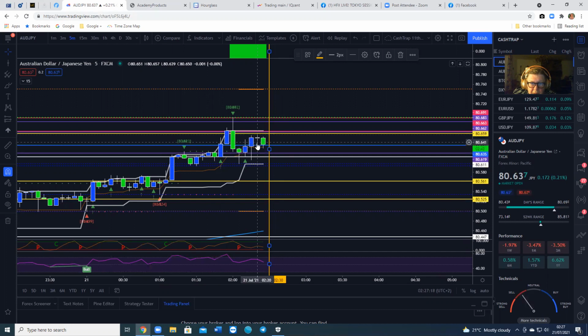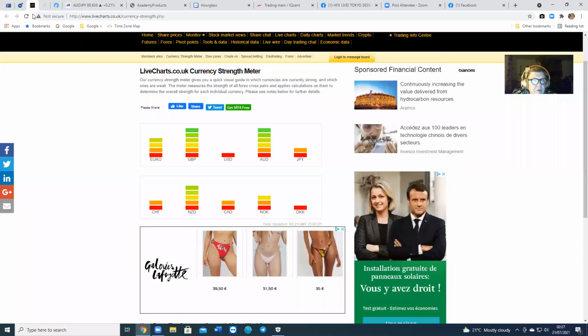So a doji candle there, indecision, opened as a sell candle on this 5 minute, 2 minutes 36 to go until, but you can see here these pivots are level. So you don't want to be forcing trades, you want to let the trade come to you.